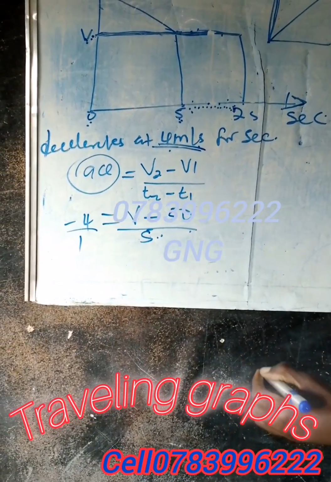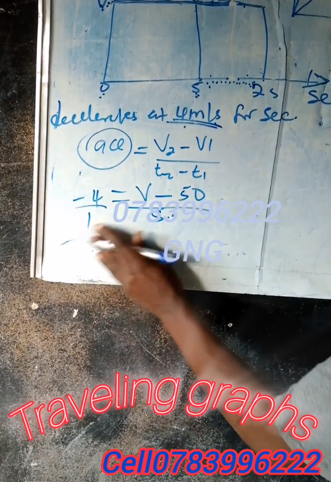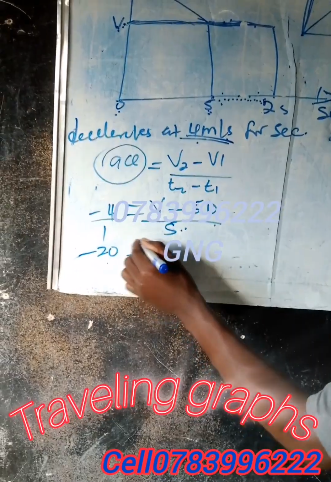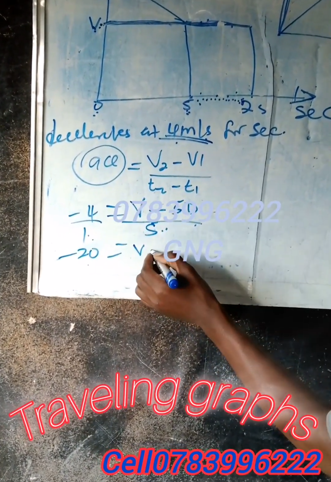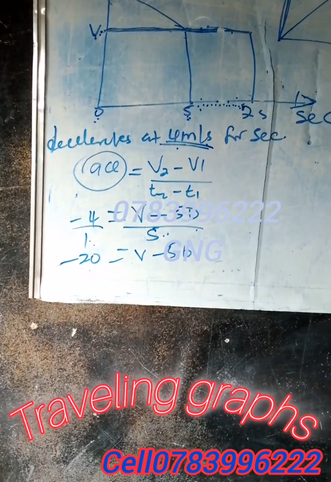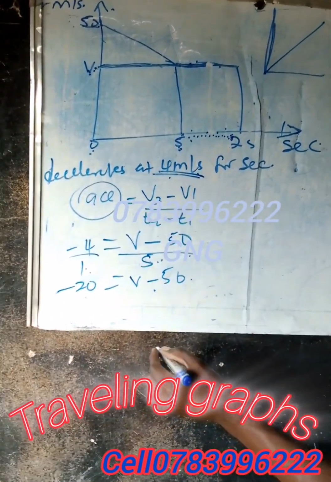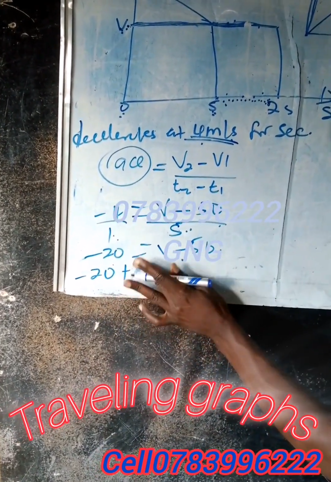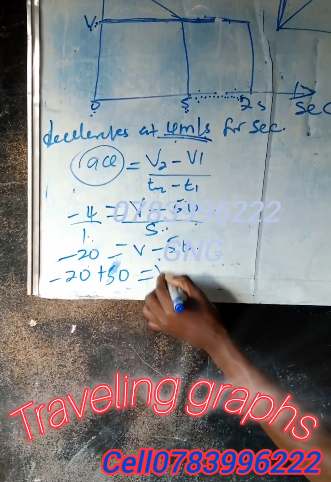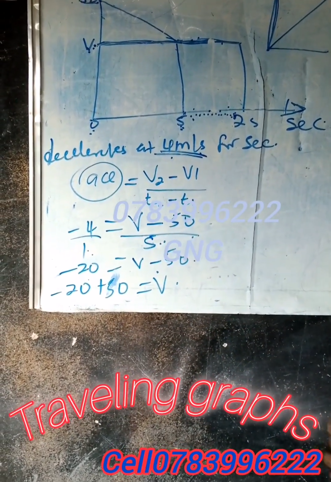From here, I'll cross multiply. This is over 1. So 5 times negative 4 gives negative 20, because 1 times V is V, and 1 times negative 50 is minus 50. Then I'll group like terms. V minus 50, so it will be minus 20 plus 50 equals V, because the number crosses over and changes sign.